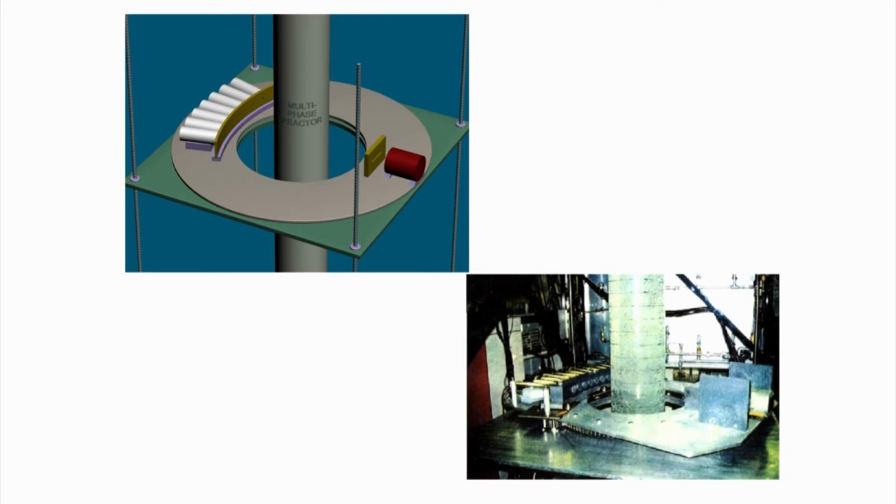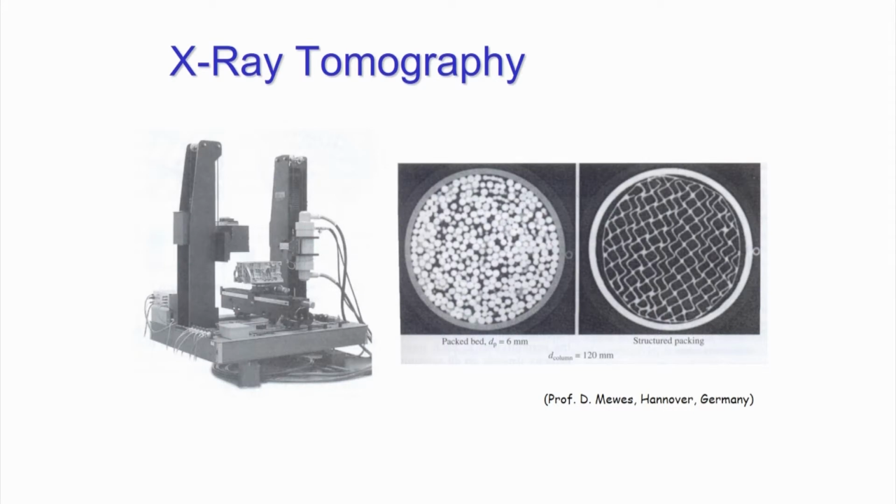We will discuss the projection, but these are the schematic and photograph of a typical computed tomography setup. I will discuss the projection after some time, but a similar principle is used for X-ray tomography also. In X-ray tomography, instead of the gamma ray, we use an X-ray source.